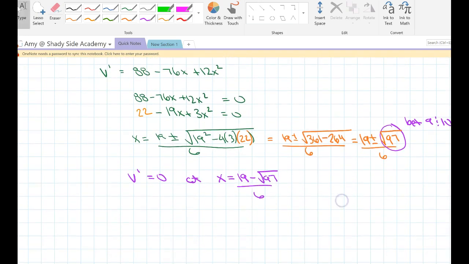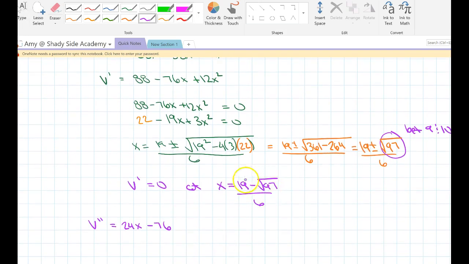I'm making a note to myself that V double prime is going to be a piece of cake to find. So V double prime is going to equal 24x minus 76.